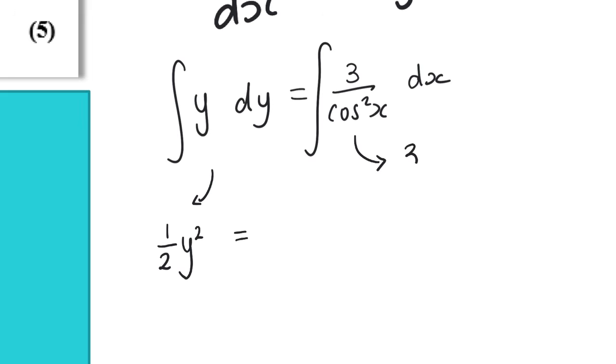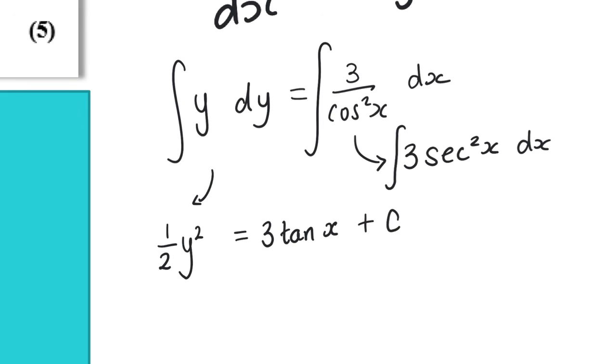So this becomes 3 sec squared x with respect to x. Now guys, sec squared is in the formula sheet. So the integral of sec squared x is tan x. So this becomes 3 tan x plus c.